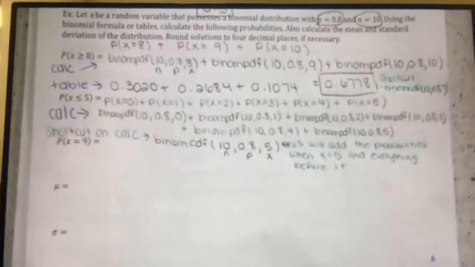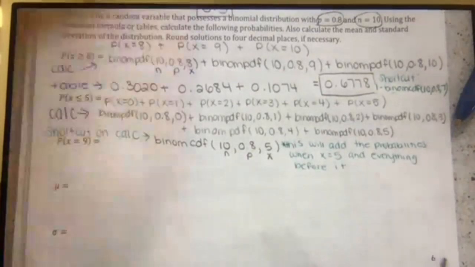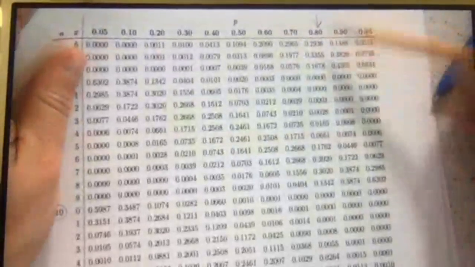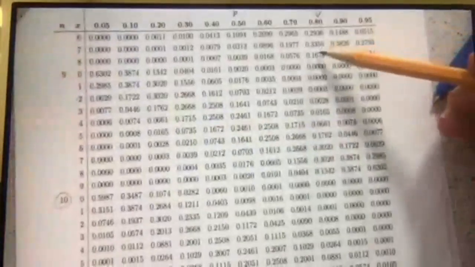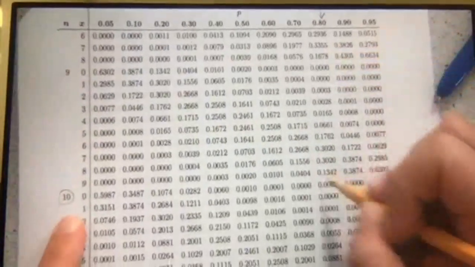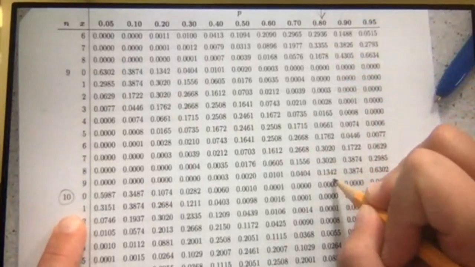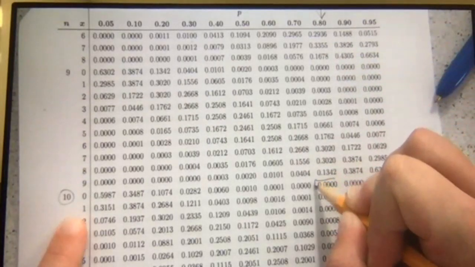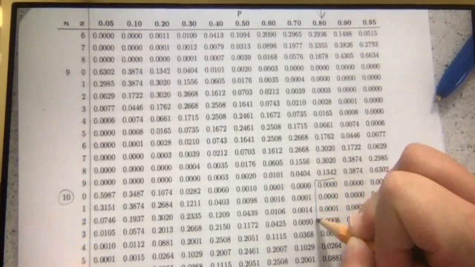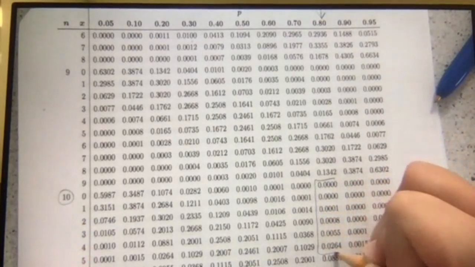And then your third option is the table. So going to the table, we're still looking at this column when our p-value is 0.8, and when n is 10, and then we're going to add up whenever x is 0, 1, 2, 3, 4, 5.